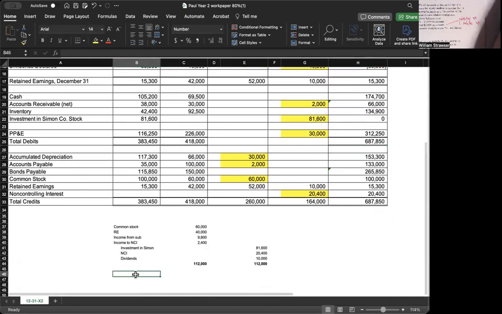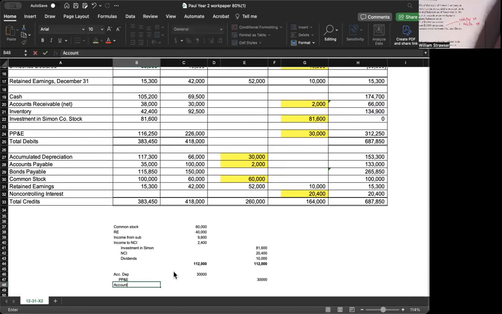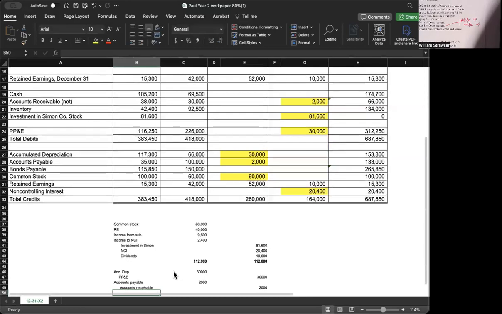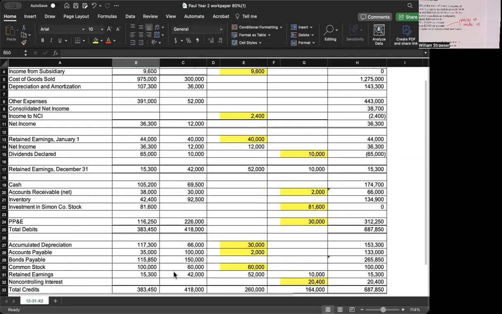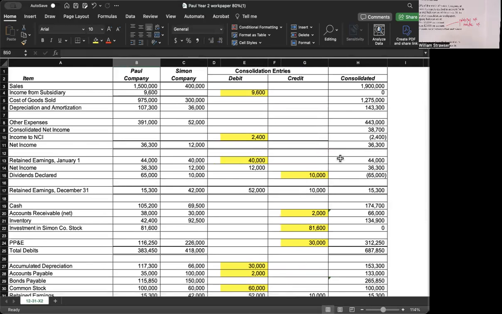So we would come down here, the ones that I had deleted: accumulated depreciation needs to be debited by 30,000, PP&E credited by 30,000, accounts payable debited by 2,000, accounts receivable credited by 2,000. Right, and now we are all lined up, perfectly consolidated, showing the appropriate items.